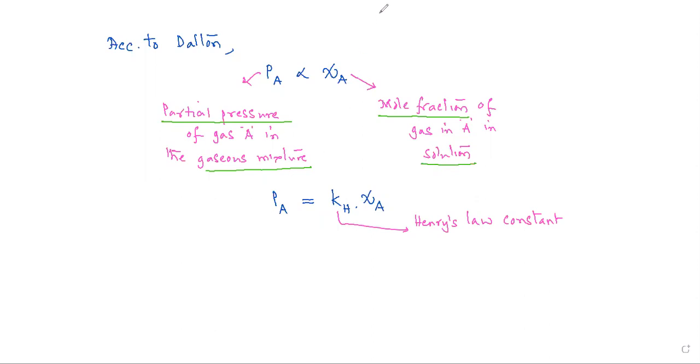And this, of course, is the mathematical representation of Henry's law. PA is equal to KH into X.